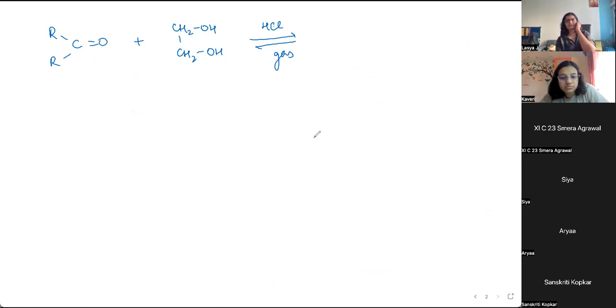What sort of a structure can I expect here? Will both the O's go or only one?